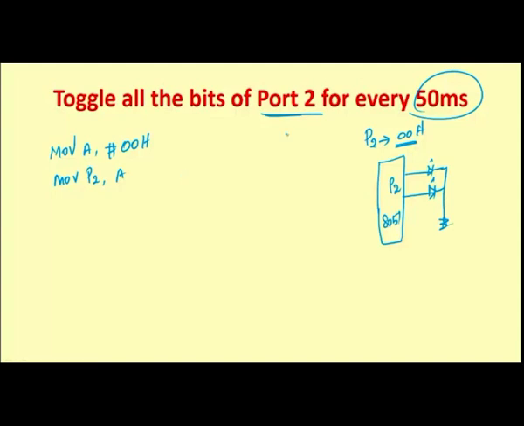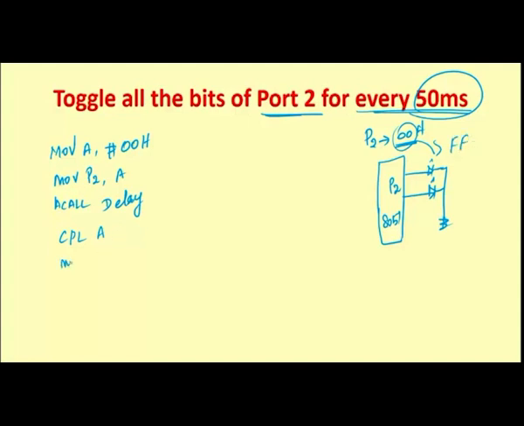Now, I ask that it be maintained for 50 milliseconds, so I have to call the delay. Then after that I want to complement this, so I will use CPL A. CPL A means the value in the accumulator becomes FF after the complement.